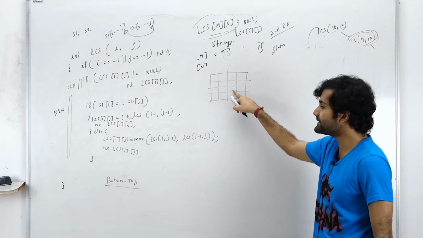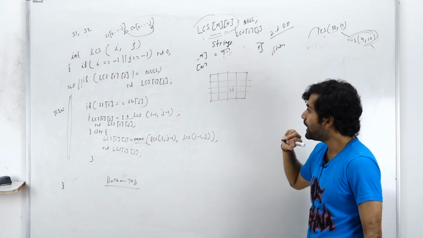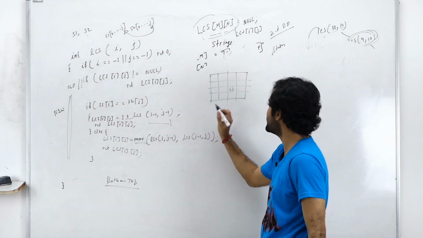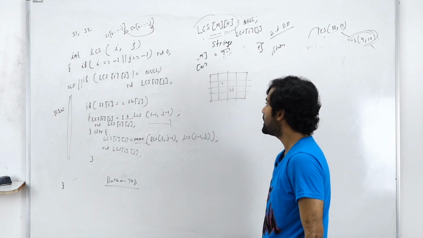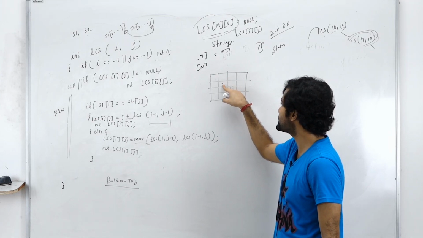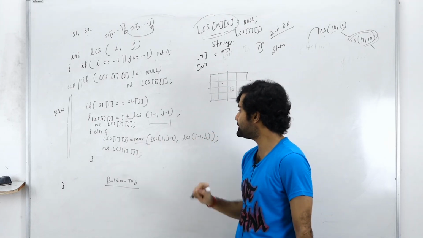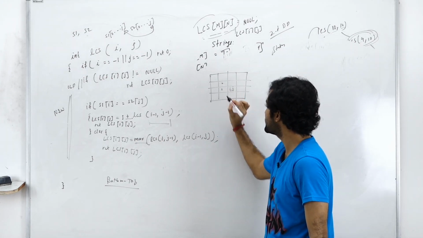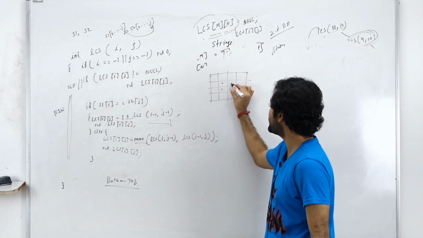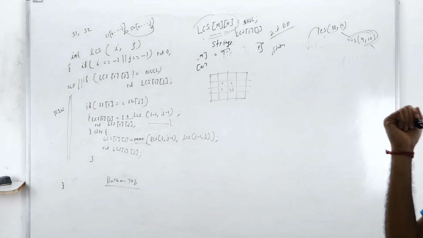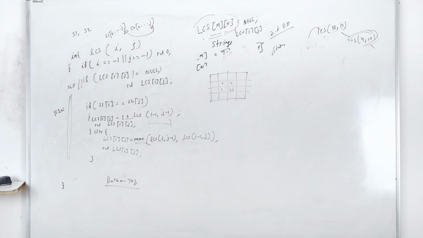In order to find the answer for this, if the characters match, I would refer to I minus 1, j minus 1, and this is my I minus 1, j minus 1. So if the characters are matching, to find the solution of this, I need the solution of this. And if they are not matching, then I need the solution to I, j minus 1, which is this. And I also need the solution to I minus 1, j, which is this. Does this make sense to everyone? Are you realizing which cell of the matrix depends on which other cells?